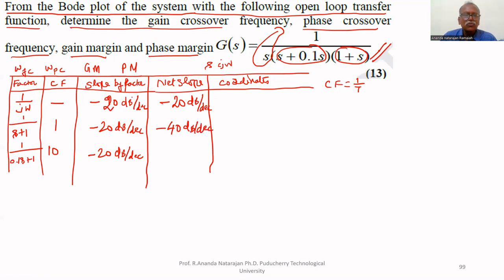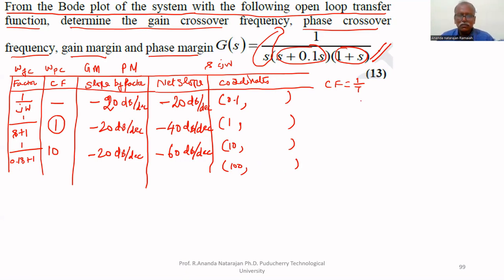We have to add these together. If you add all these together, you will get minus 60 dB per decade. Coordinates: the lowest corner frequency is 1. Therefore, let us start with 0.1. We have to find the y coordinate for 1, then for 10, then for 100.